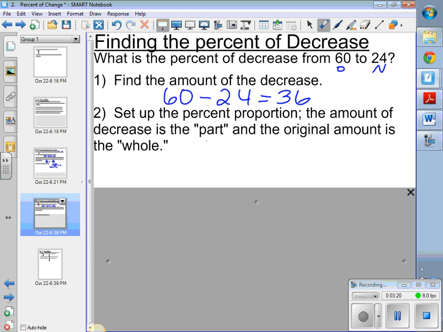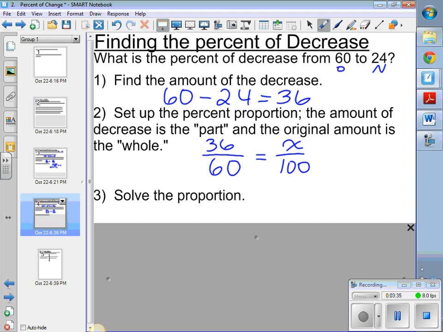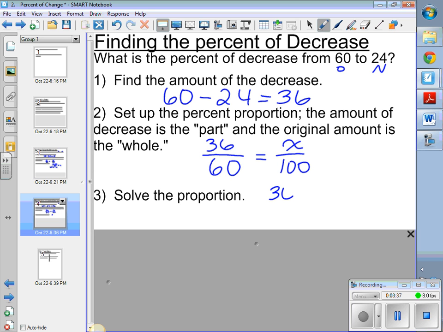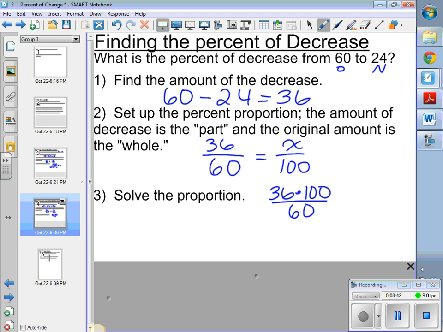So we've got 36 over 60 equals X over 100. All right, so again, we would do 36 times 100 divided by 60, and that is going to give us X equals 60%.